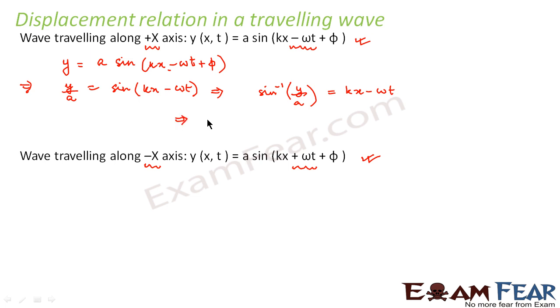Or this can be written as kx is equal to sine inverse y by a plus omega t. Or this can be written as x is equal to 1 by k sine inverse y by a plus omega t by k. So this is the expression of x in terms of y and t.